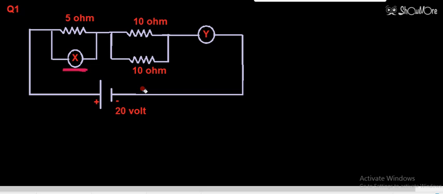So X is a voltmeter here, and Y is an ammeter here, because some current will be flowing there, and Y has to measure that current, and the device which measures the current is an ammeter. So in the first step you have to note down that X is a voltmeter and Y is an ammeter.